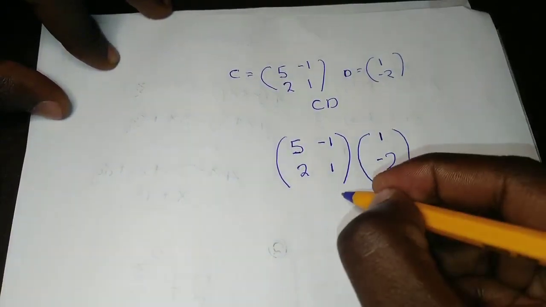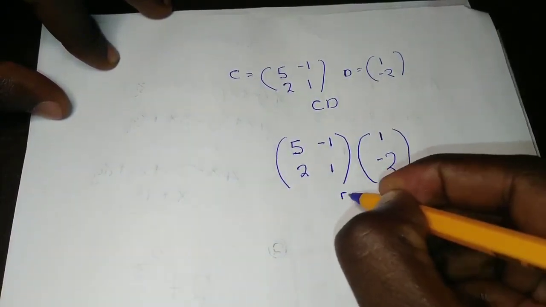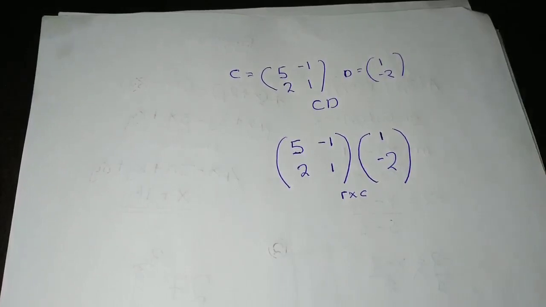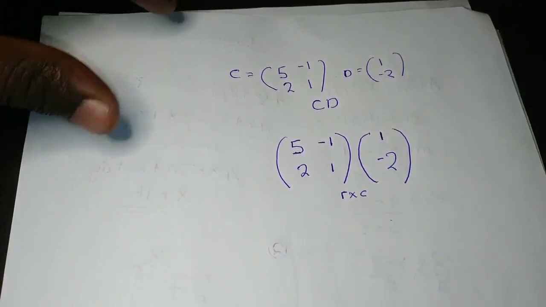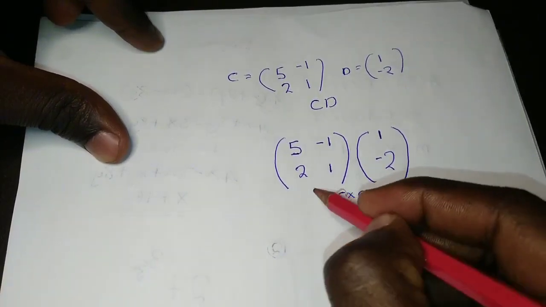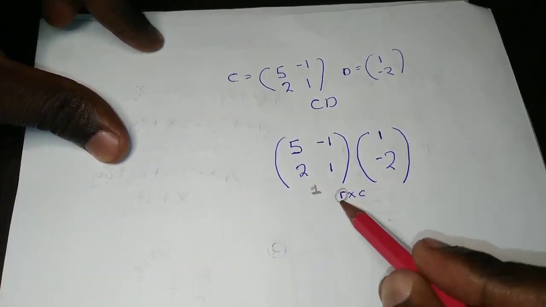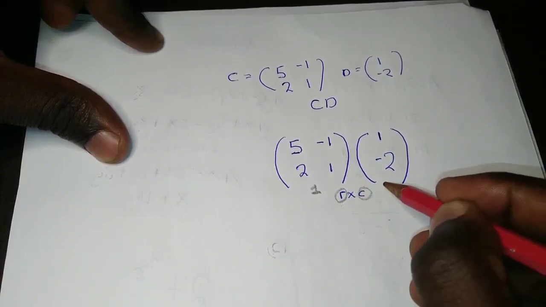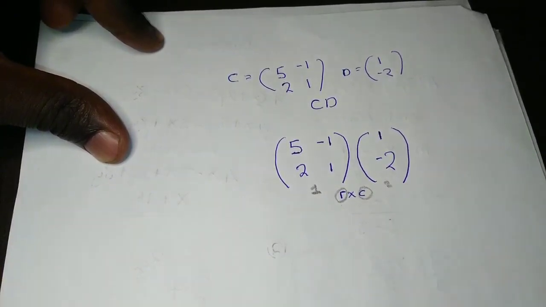Multiplying a matrix, we use what we call row by column. On the first matrix, you'll be multiplying the row, and on the second one, with the column.